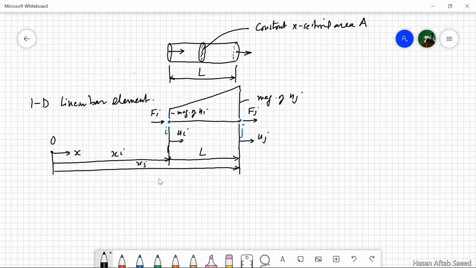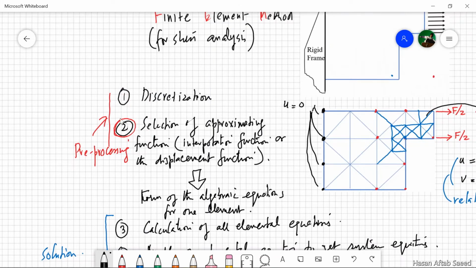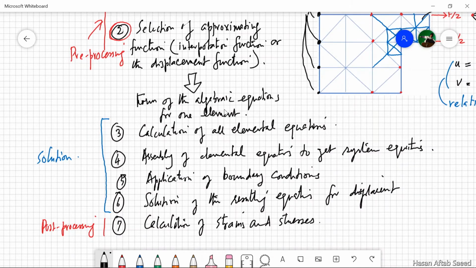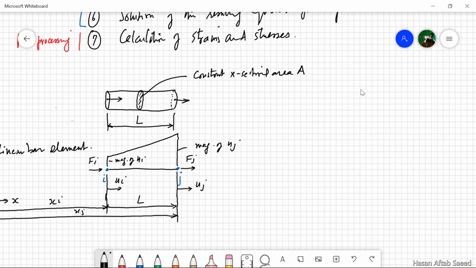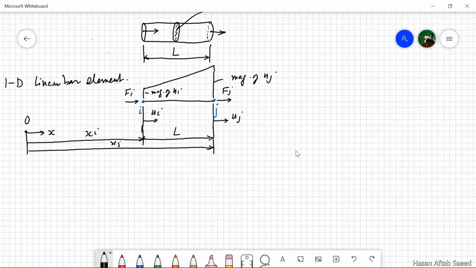Now because we know that in this case the distribution is linear, we're talking about step 2 here, selection of approximating function, which will lead to the form of the algebraic equations. So let's write that down here. It has to be a linear function, because we need not go beyond linear.